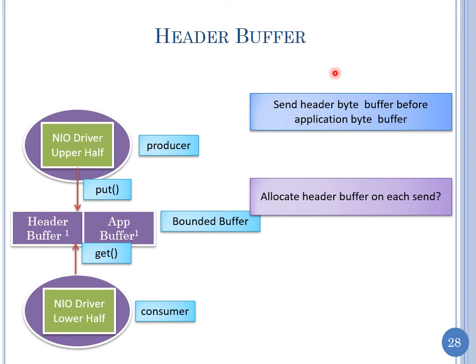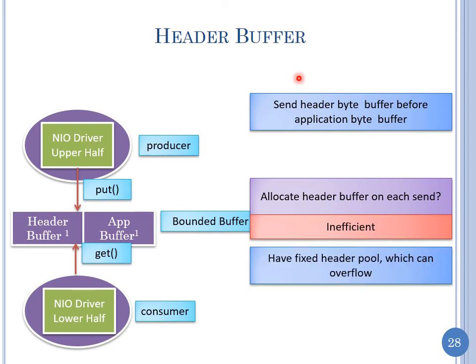The write buffer, the payload buffer, was provided by the application, and we just used that byte buffer. The header buffer information is something we created, and we need to decide whether we're going to create a new header buffer for each send, or somehow reuse the header buffer. And of course, as you can imagine, we're going to try to be efficient.